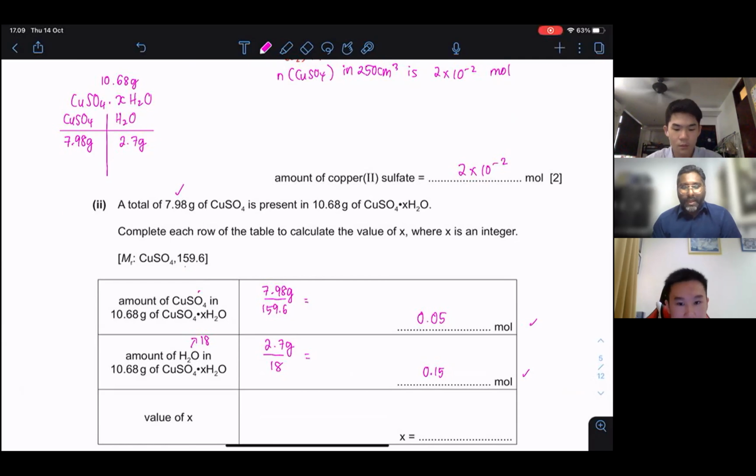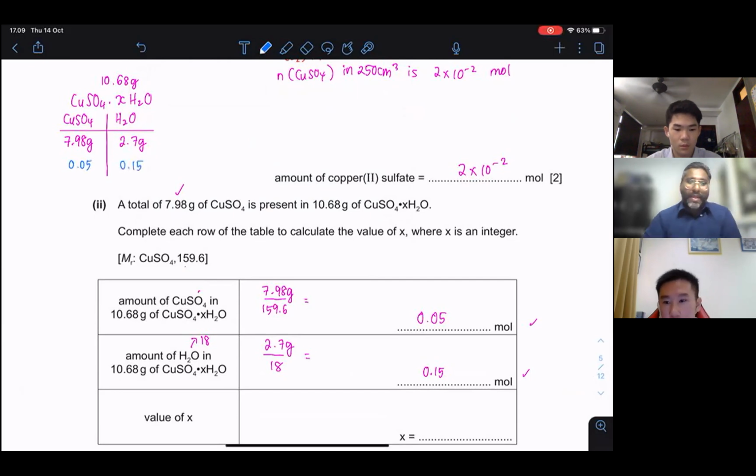And I want to find out what is going to be the value of X. How to do that? Remember the way that we use the empirical formula. You see here, this one you are getting 0.05, this one you are getting 0.15.